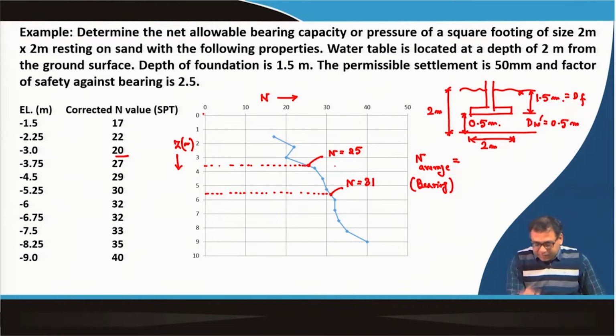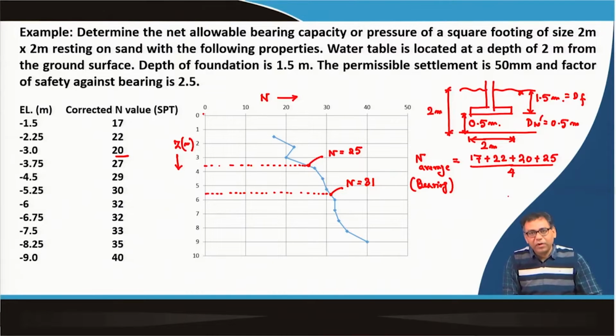So we are taking these values and we will add them. For example, for 1.5 meter you have 17, plus 2.25 meter 22, plus 3 meter it is 20, plus 3.5 meter, which we have also taken, it is 25. We have taken 4 readings, so we divide by 4, and all 4 readings are below the base of the foundation.